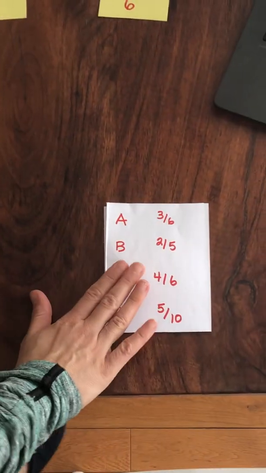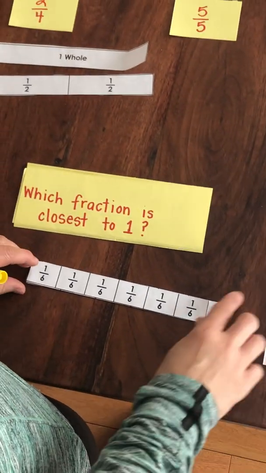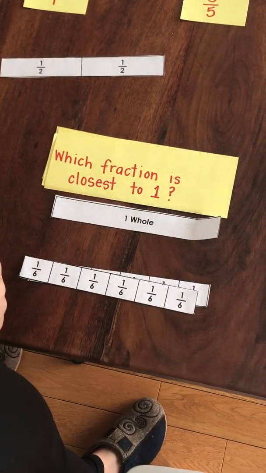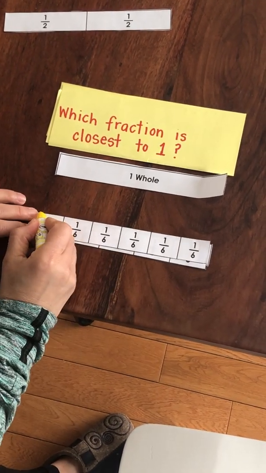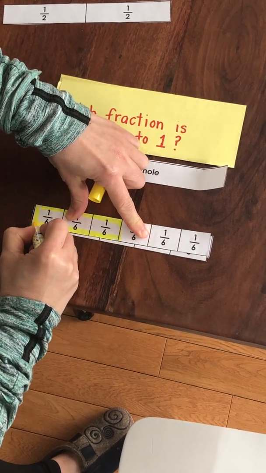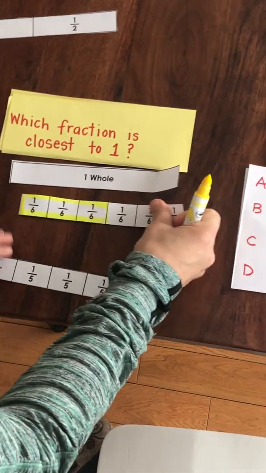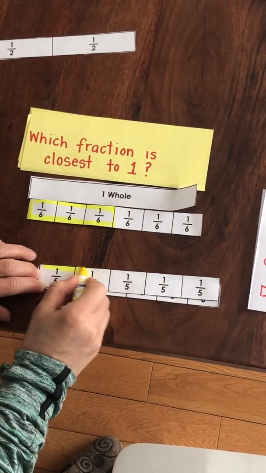So our first question was with these fractions right here, and which fraction out of these ones is closest to 1? Okay, so I have my 1 whole fraction strip. The first one was 3/6. So I've got my 6 fraction strip, and 3/6 is going to be right here. 2/5 is right here.